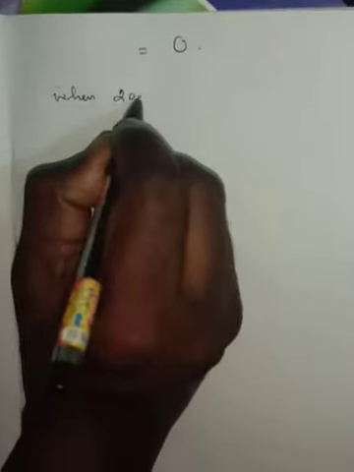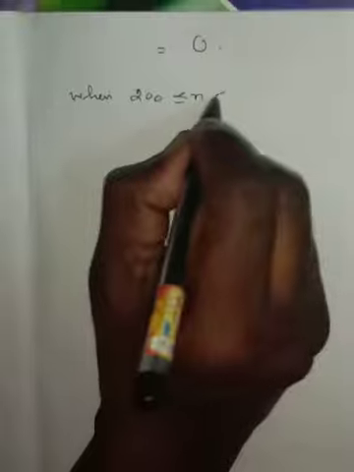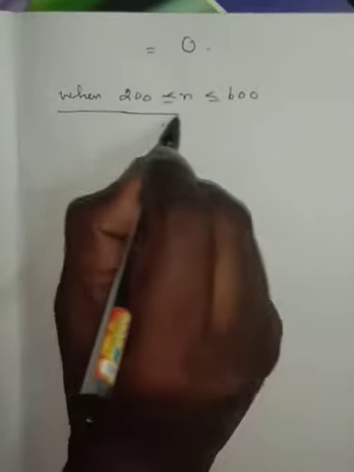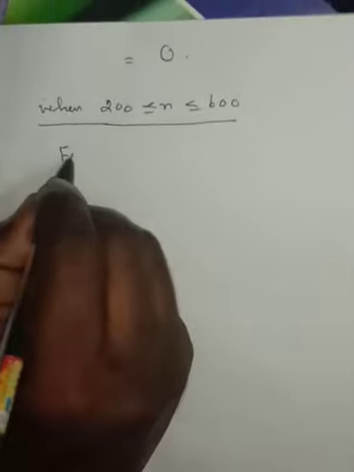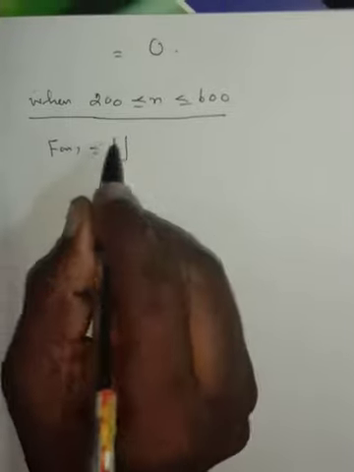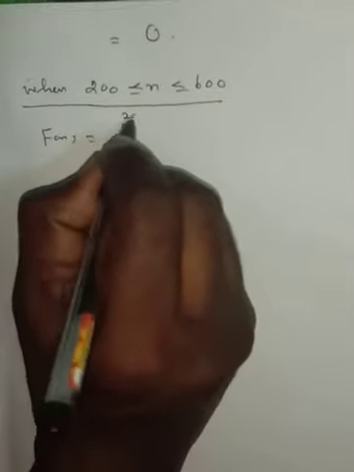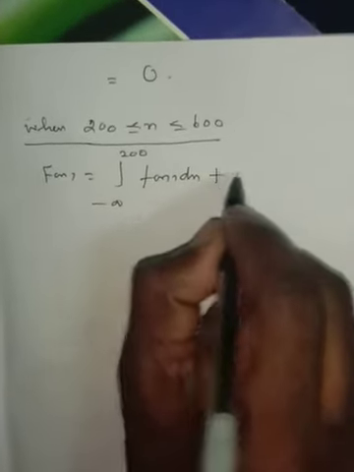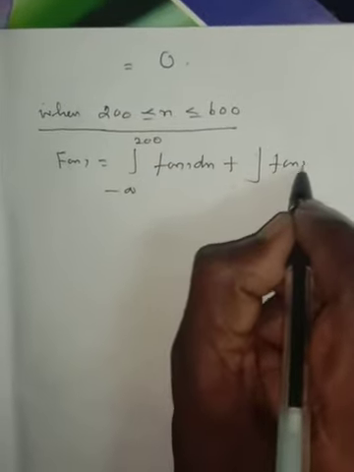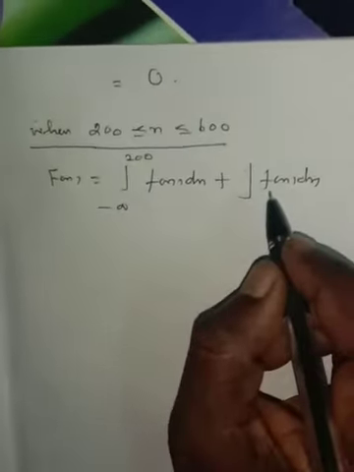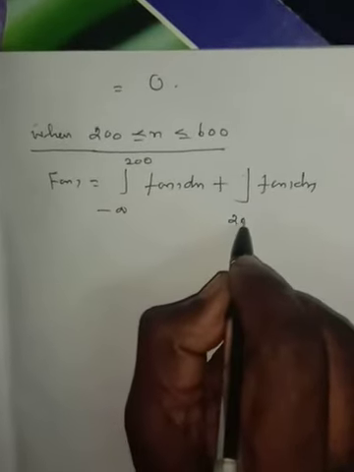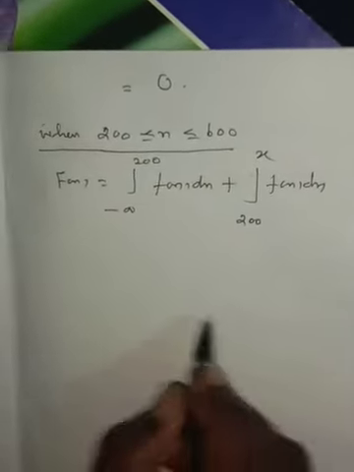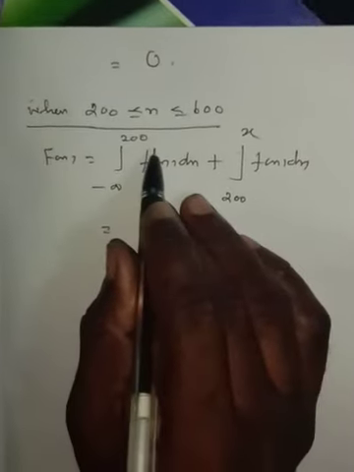Case 2: 200 less than or equal to x less than or equal to 600. This is the second case. F of x is equal to integral minus infinity to 200 lower limit f of x dx plus integral 200 to x f of x dx. Minus infinity to 200 is 0, already known.